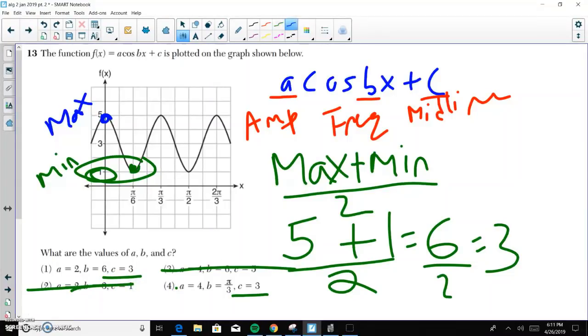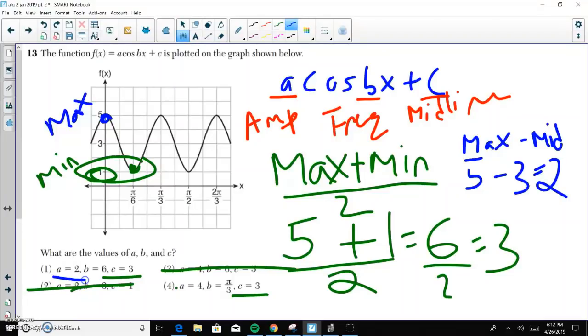Okay, now we're going to find the amplitude. The amplitude formula is going to be max minus midline. So the maximum is 5, and the midline is 3. So the amplitude is 2.